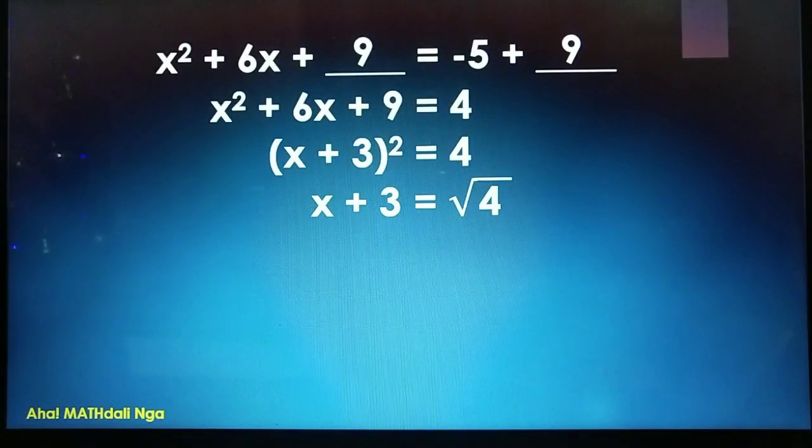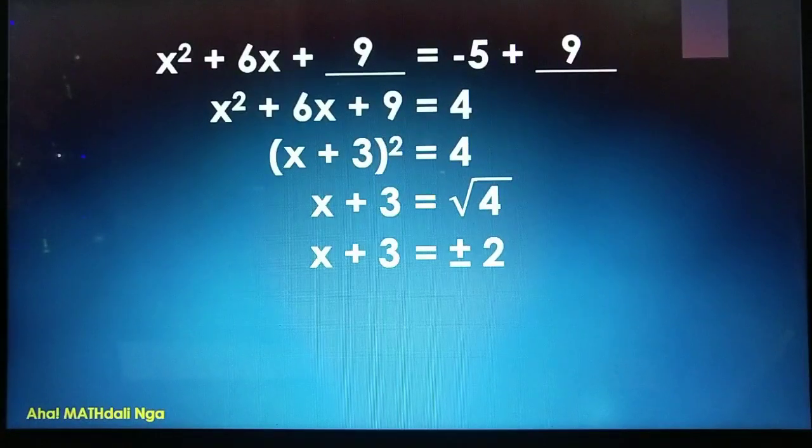So we have x plus 3 equals, the square root of 4 is 2. Take note, to extract the square root of the number, there are two answers for that. We have positive and negative. That's why the square root of 4 is positive or negative 2.